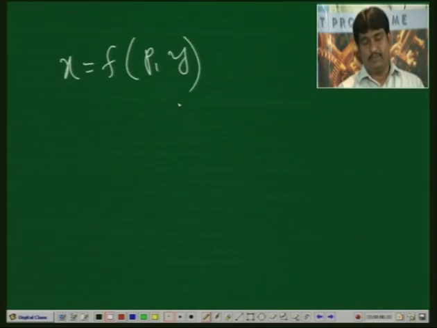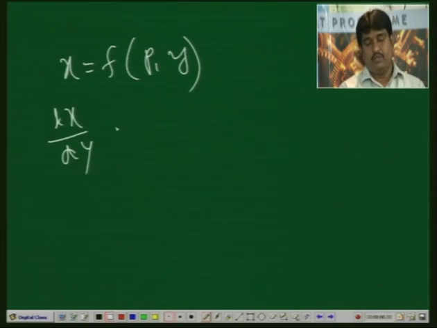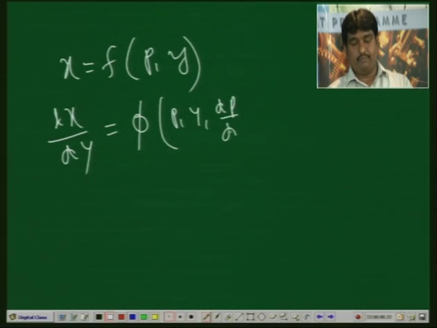Next, solvable for x. If the equation is solvable for x, you can write that equation as x equals to some function of p and y. Now you have to differentiate this equation with respect to y. Dx by dy equal to, you differentiate it to get some function of p, y and dp by dy.